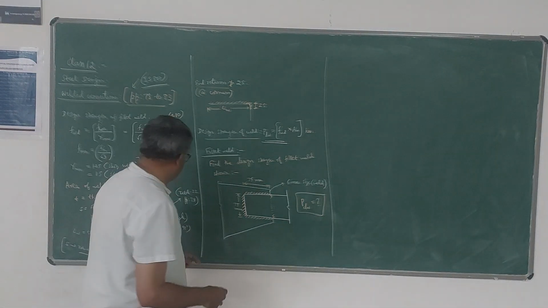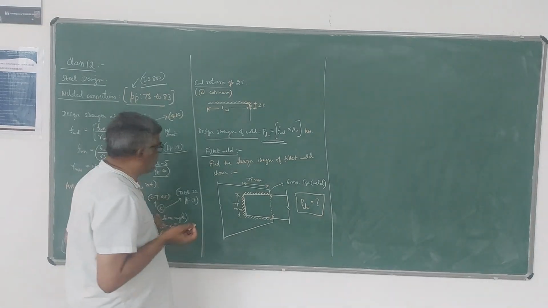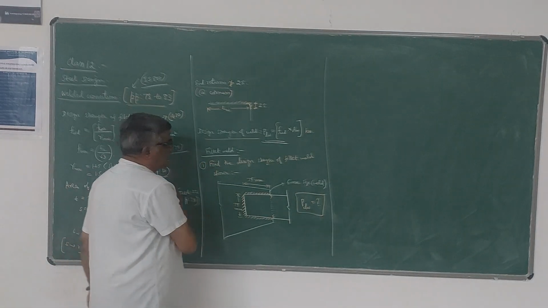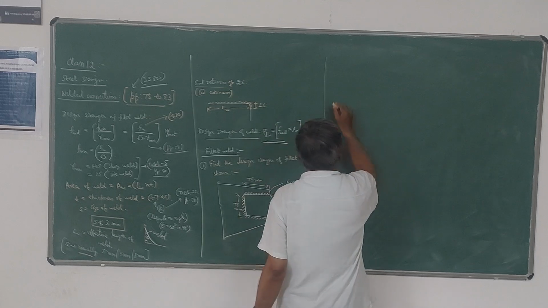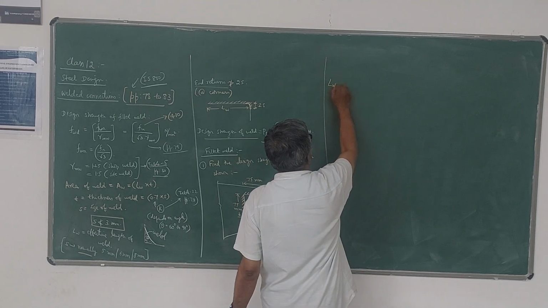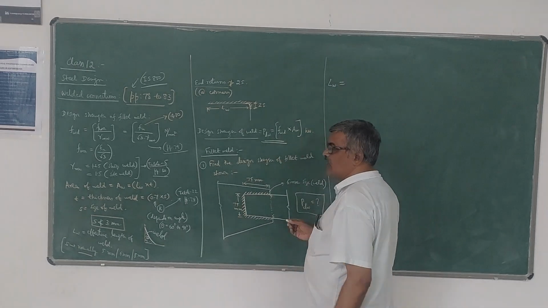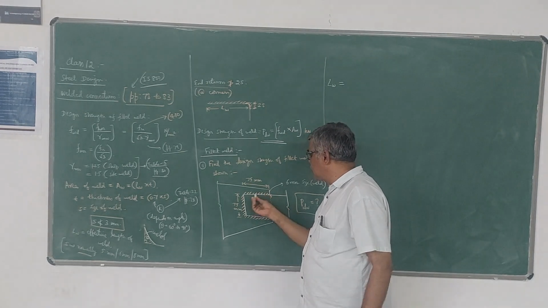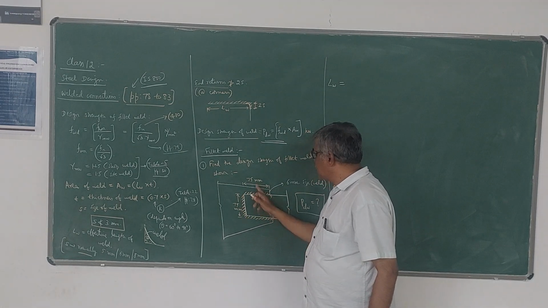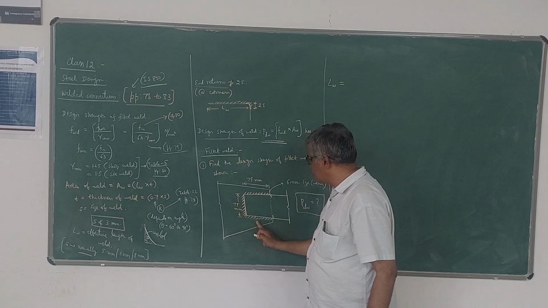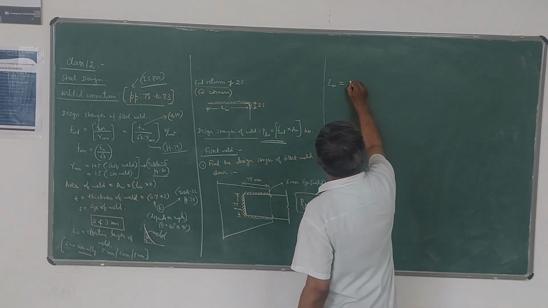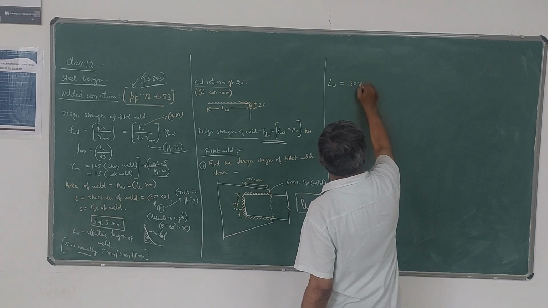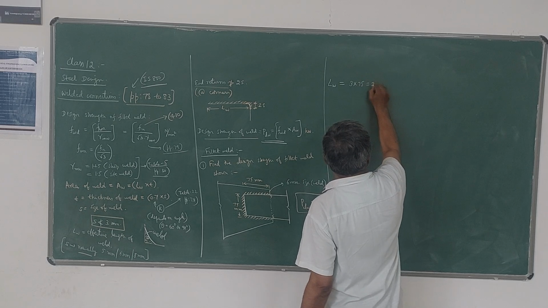Now simple, there are only two steps here. First I will calculate LW, the length of the weld. Here you can see that this welding is done on three sides, 75, 75, 75. So total will be 3 times 75, length of the weld is 225.